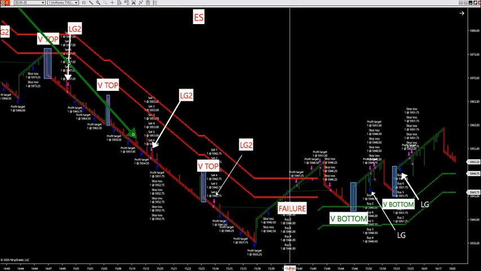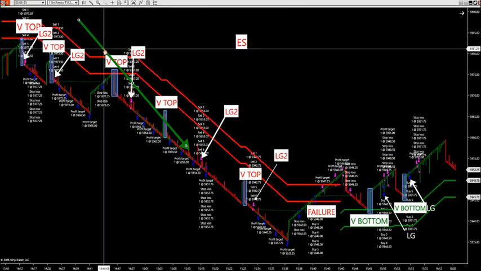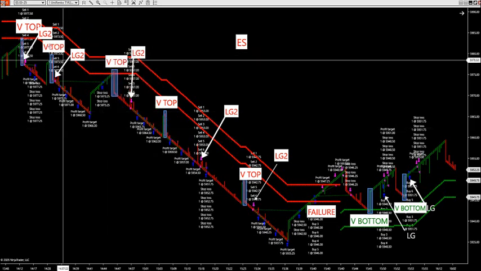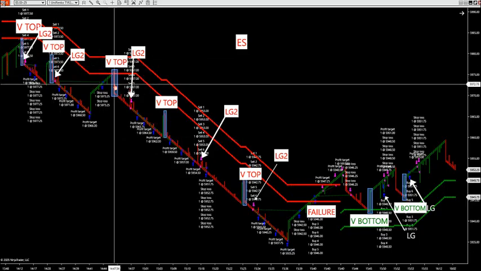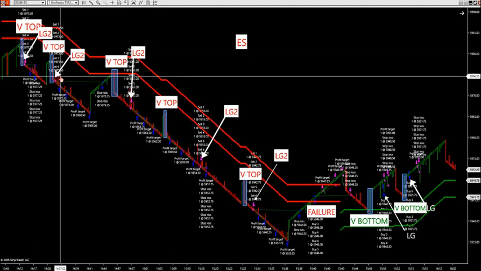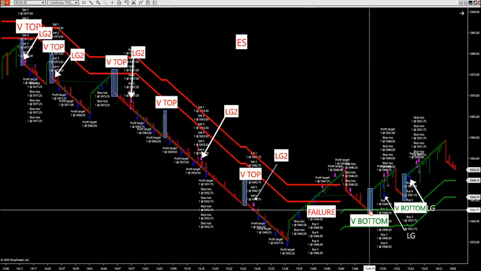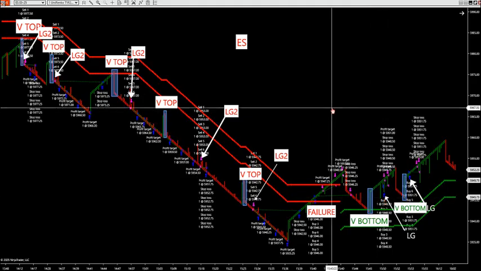So in summation, what you're looking for on grabbing liquidity in downtrends and uptrends is you're looking for V-tops in downtrends, and then you're looking for a liquidity grab to produce right after that. And then in uptrends, you're looking for V-bottoms and looking for a liquidity grab to produce right after that also.